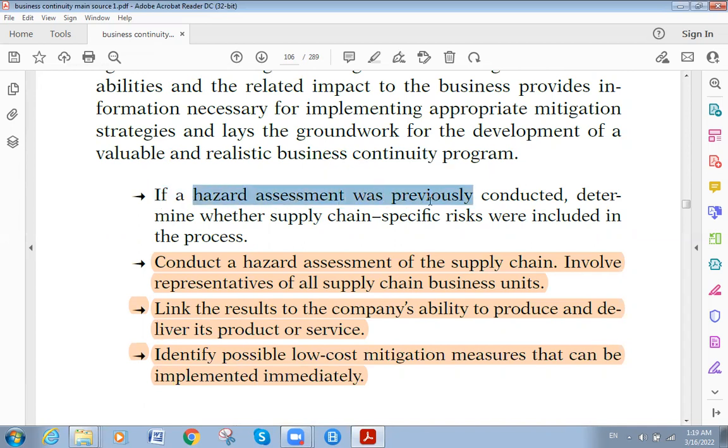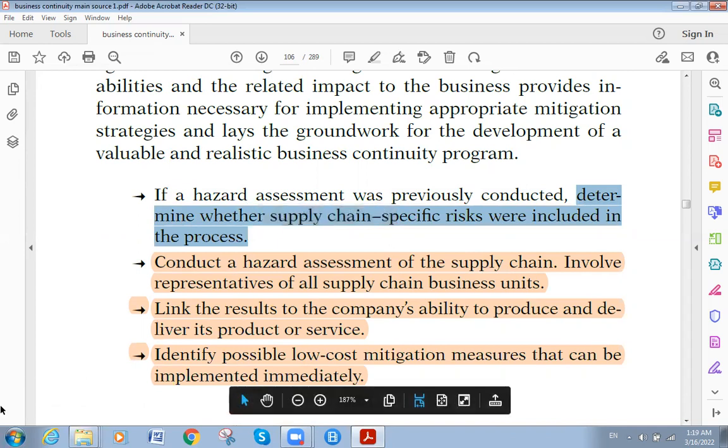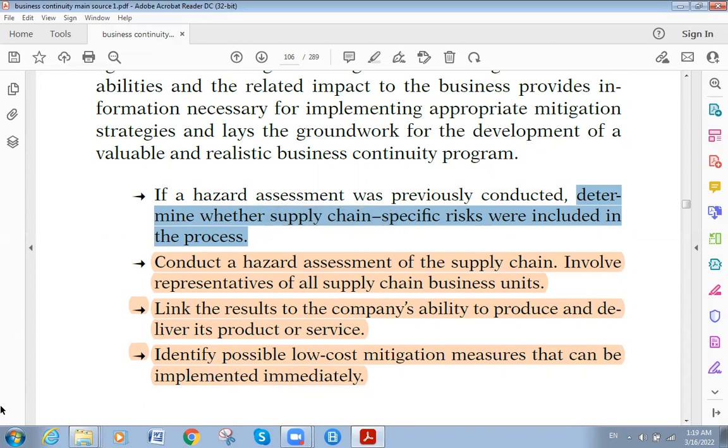So if a hazard assessment was previously conducted, determine whether supply chain specific risks were included in the process. If there was a previous assessment, just don't take it as it is, because no one process will be valid and suitable for all events.